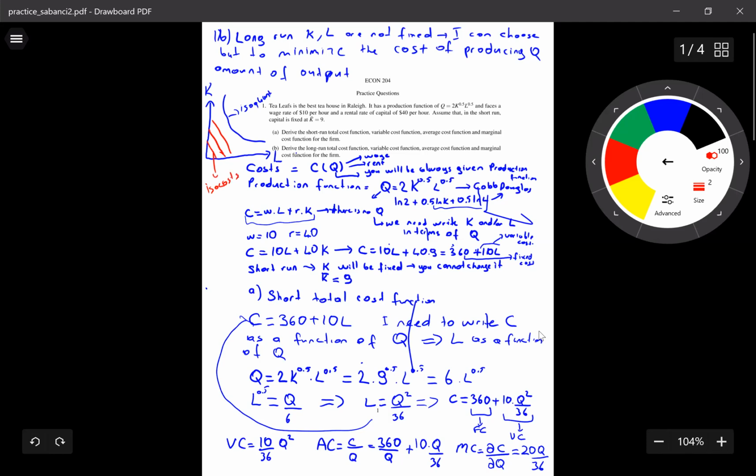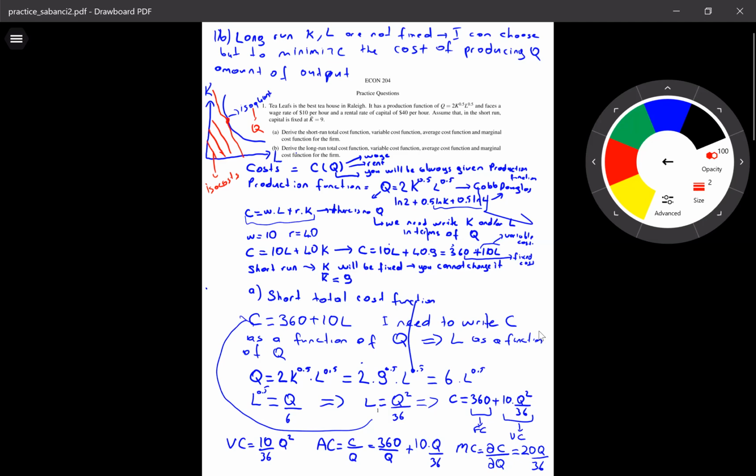I want to look at the isocost which is tangent to this isoquant for Q units, just touching it at one point.